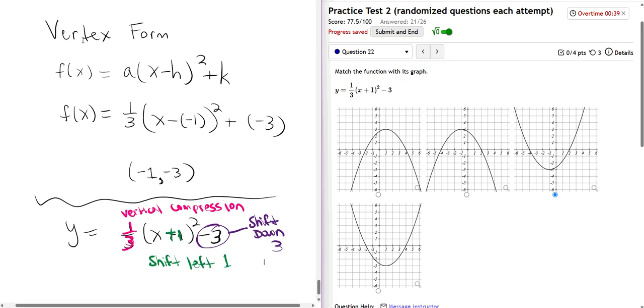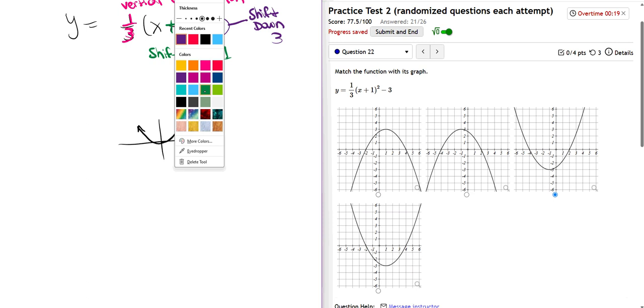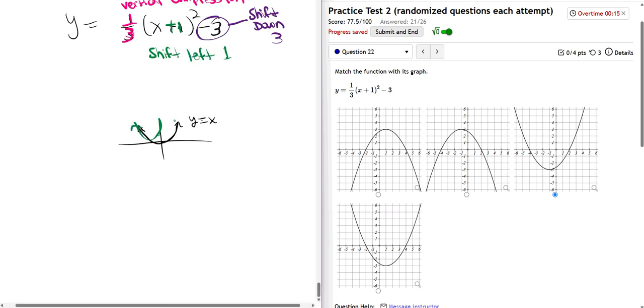So my parent function, or my toolkit function of a parabola that's just y equals x squared, is compressed vertically, and then shifted to the left by 1. So left 1 would be like over here.